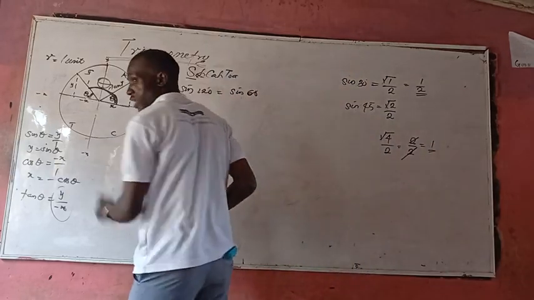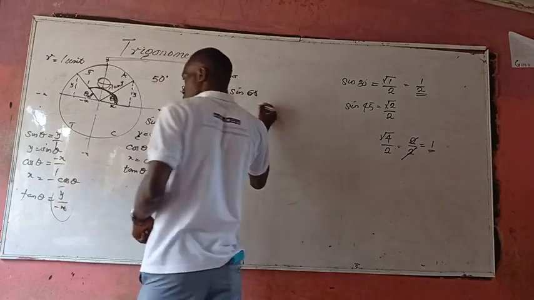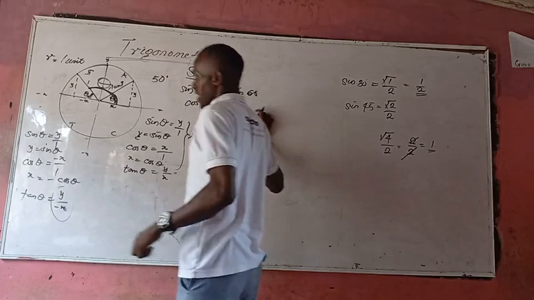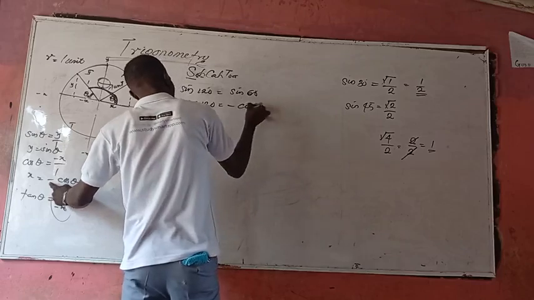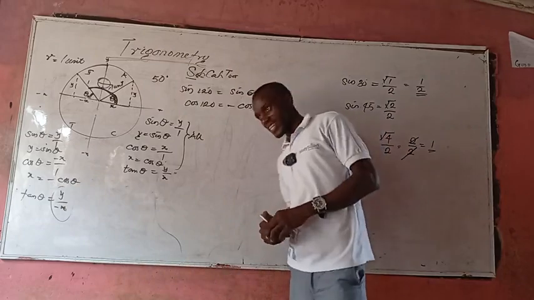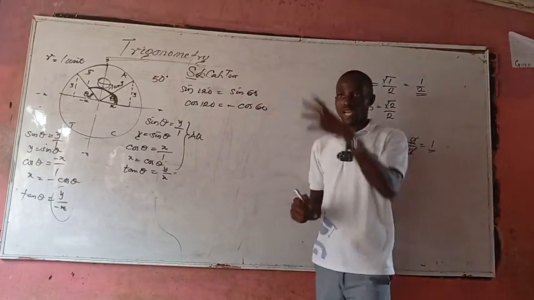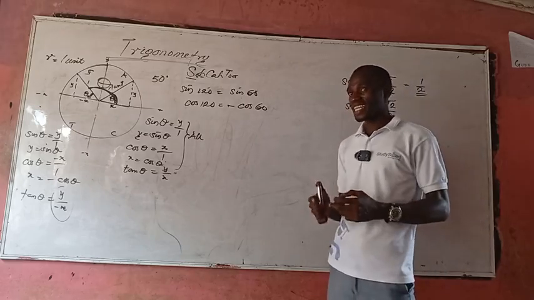But let's try this one now. If I do cosine of 120, it cannot be the same as cosine of 60. It will only be the same as negative cosine of 60, because cosine is negative. Try it: cos 120 and negative cos 60.